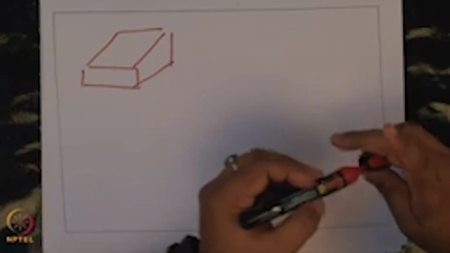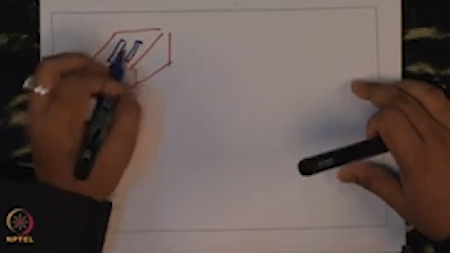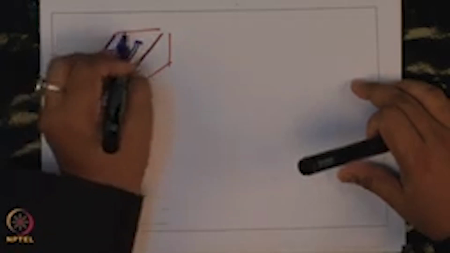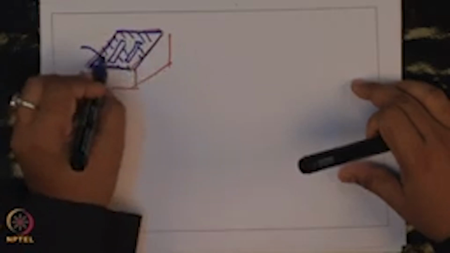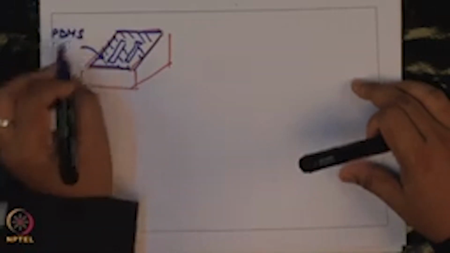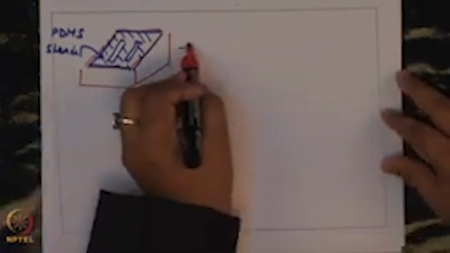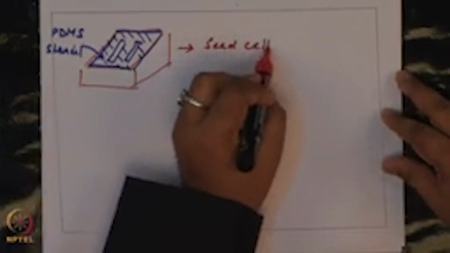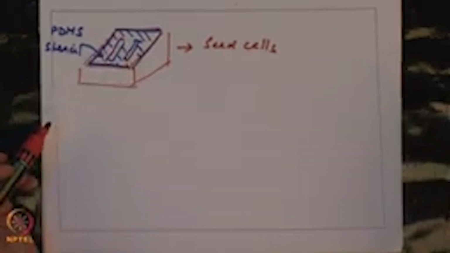Let me first describe the setup. Let us say this is your glass cover slip or top surface. What the authors did was design a stencil, made of PDMS, an elastomer stencil. You seed cells on this surface. In this entire hashed region in blue, cells cannot sit.